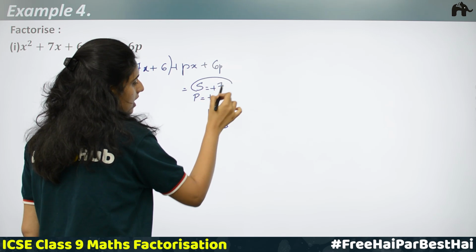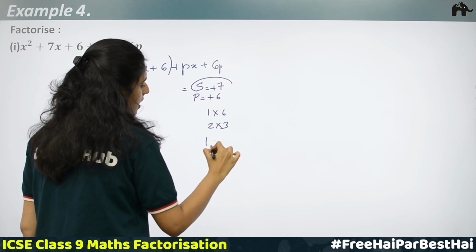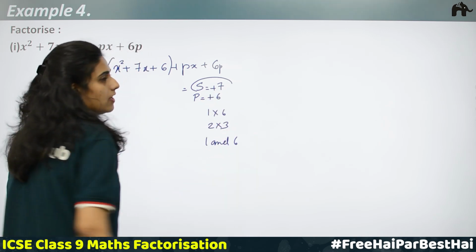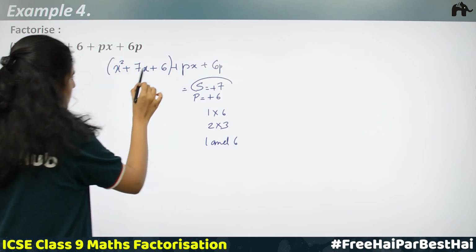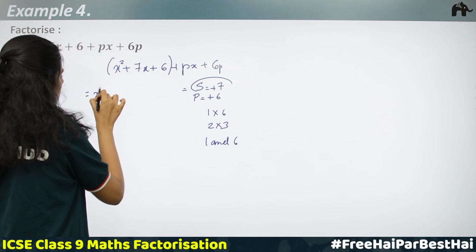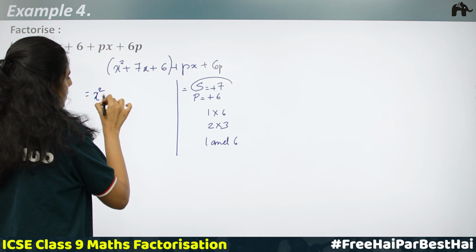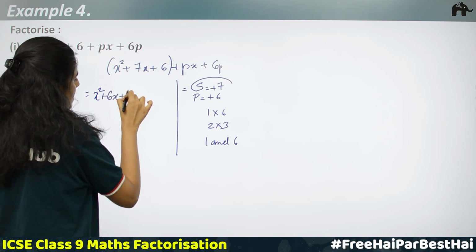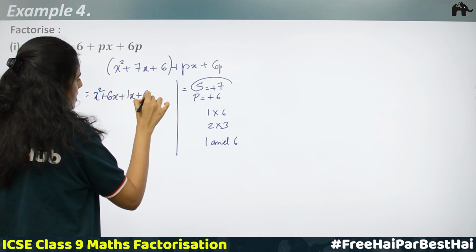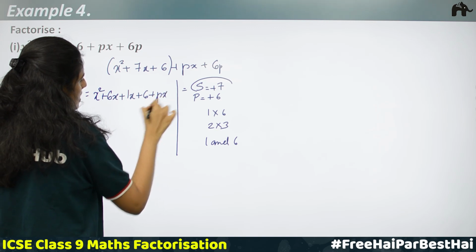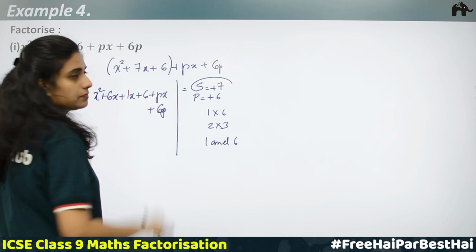So, this is taken. The numbers are 1 and 6, plus 1 and plus 6. Okay. Now, we can split the middle term. This becomes equal to x square plus 6x plus 1x plus 6 plus px plus 6p.